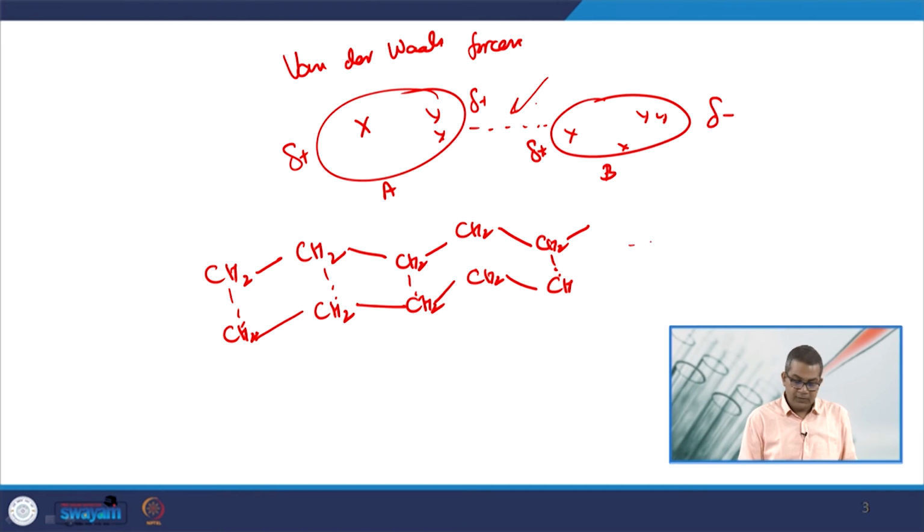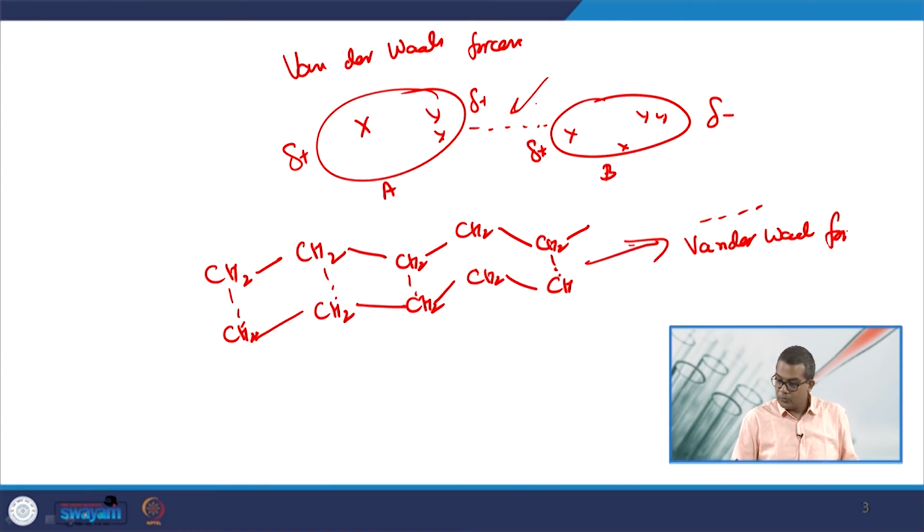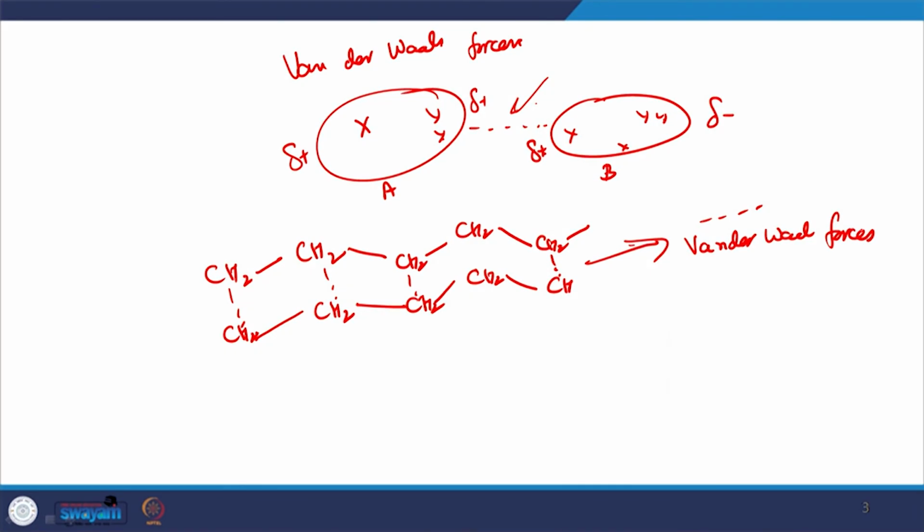Now you see here these dotted lines are represented as van der Waals forces. So, these forces are extremely important because of their weak nature. So, you may utilize this particular character in due course of other aspects of polymer synthesis.